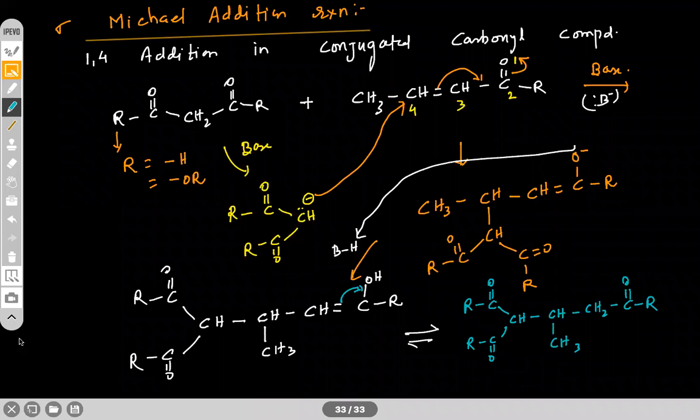Based on that, we'll see one question. Write down the product in this reaction. We have double bond O, conjugated aldehyde or ketone. So you see it is conjugated. Pi sigma pi conjugation is there. Conjugated aldehyde and ketone with active methylene group.